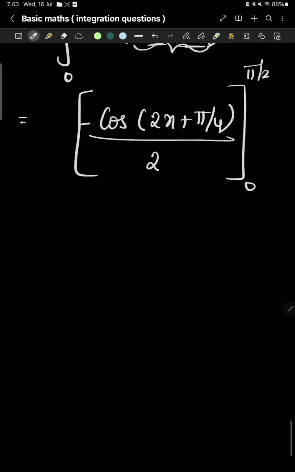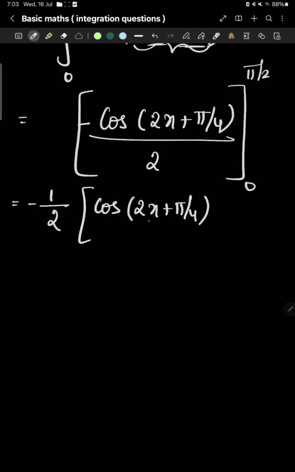As 2 is a constant, I can take it out as minus 1 by 2 into cos 2x plus pi by 4, and the limit is from 0 to pi by 2.